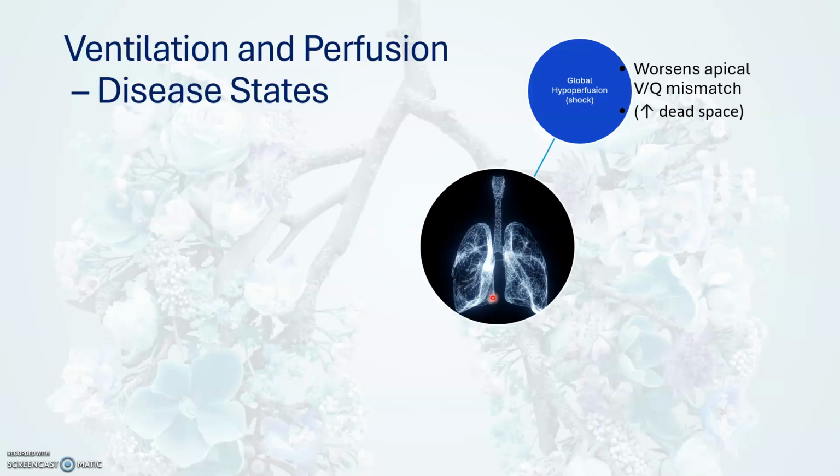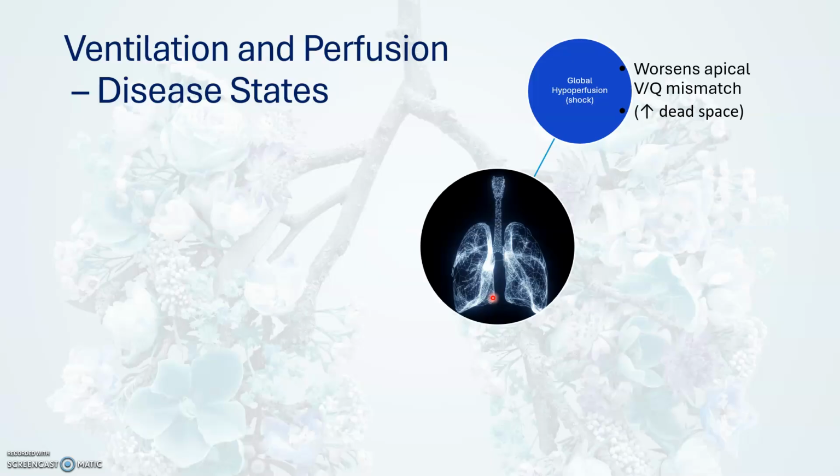Then any global hypoperfusion will affect the apices more than the bases, and to add to that, the heart is still working against gravity, so there's an even greater increase in the mismatch between ventilation and perfusion.